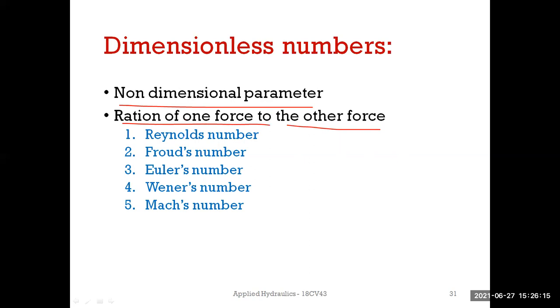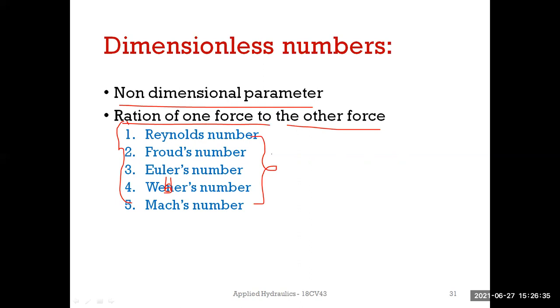We have different types of dimensionless numbers which are important: Reynolds number, Froude number, Euler's number, Weber's number, and Mach number. Let us discuss all these dimensionless numbers in detail.